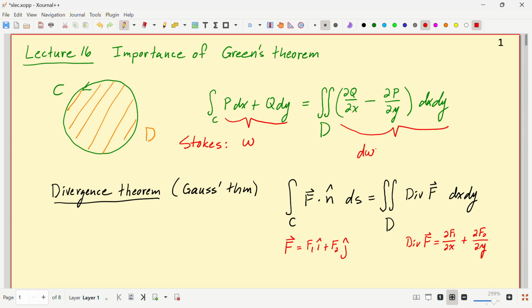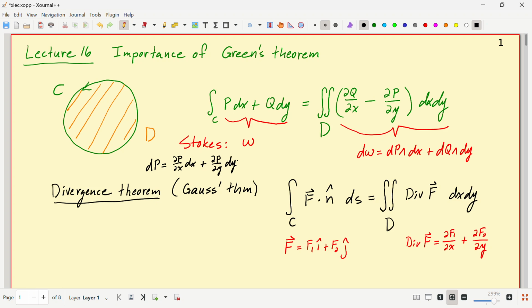So let's see, how do you calculate that? That would be the total differential of P wedge dx plus the total differential of Q wedge dy. The total differential of P would be dP/dx dx plus dP/dy dy. That's the total differential.